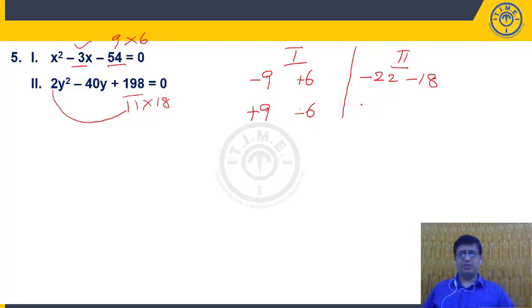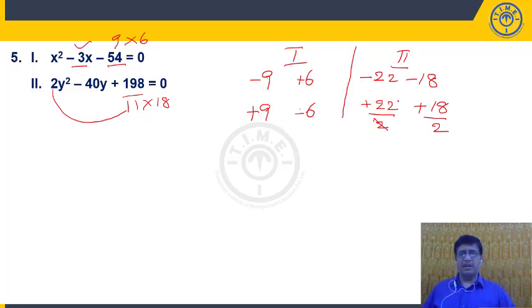So what about the roots? Just the same number with the opposite sign. So here minus will become plus 22 and plus 18. So what about the coefficient of y square? It is a 2. Now simplify this. Now what is the value? If you are interested, you just simplify. Otherwise, you can go by taking the denominator the same.